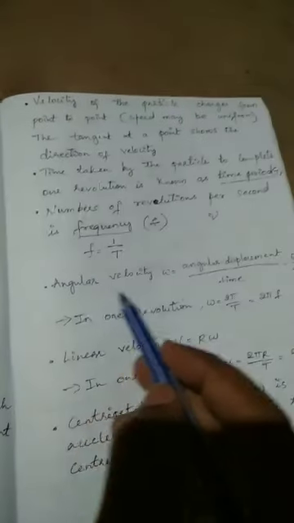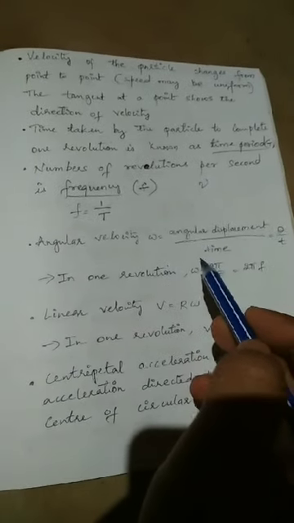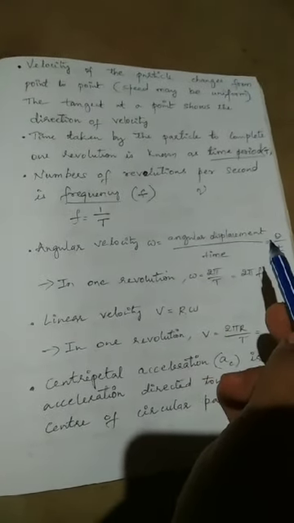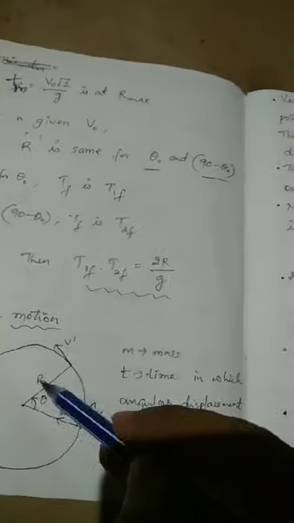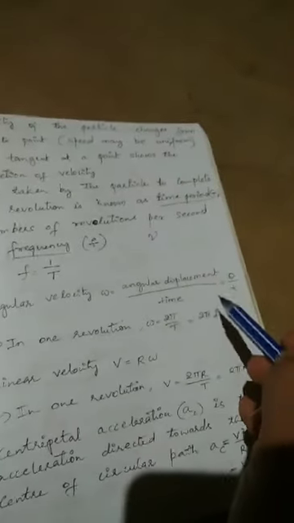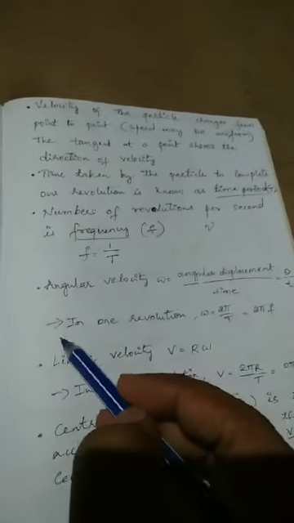Okay. Angular velocity. One more term, omega equal to angular displacement by time. Angular displacement is theta, divided by the time taken to have that displacement.